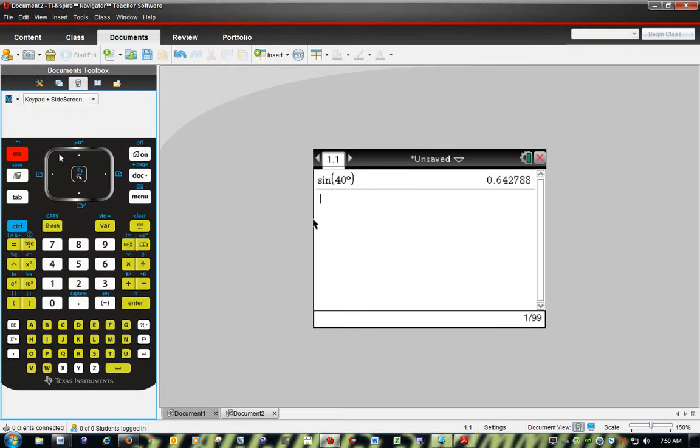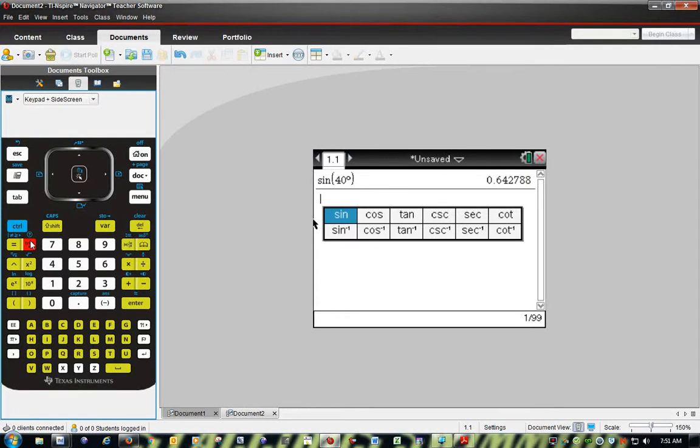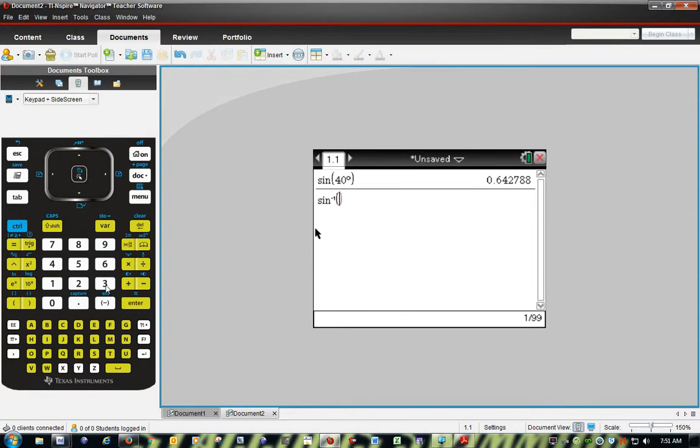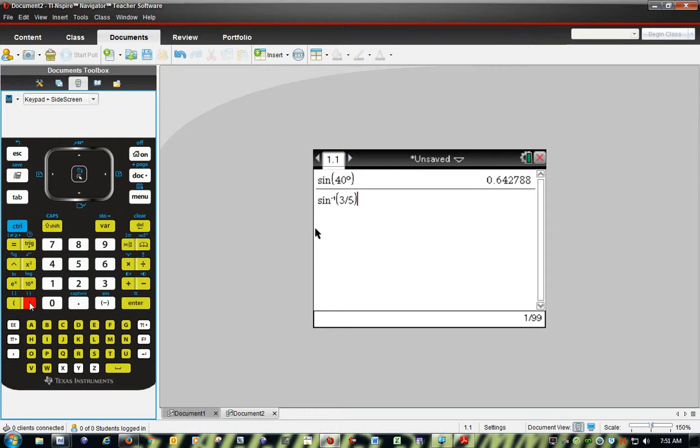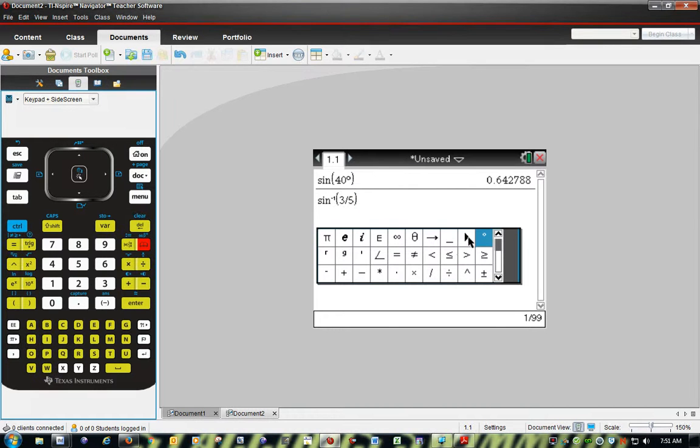But now, let's go back to the problem that we had. We wanted the inverse sine of 3/5, but we want our angle in degrees. So we go to trig. Everything's going to start with trig. We hit sine, inverse sine, and then you just type in 3 divided by 5, and then close parentheses. Now, to make sure that our answer is going to be in degrees, hit Control Book again and go to this arrow and put in the arrow.